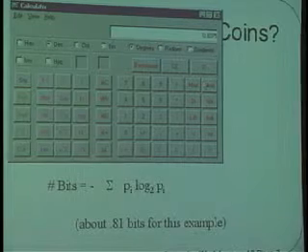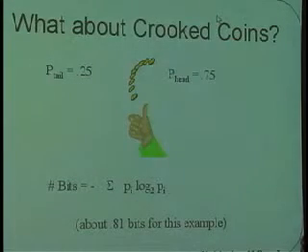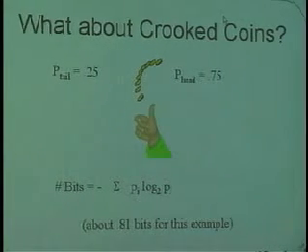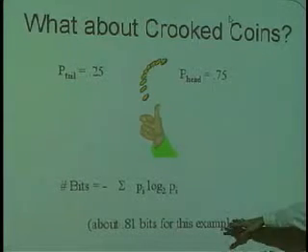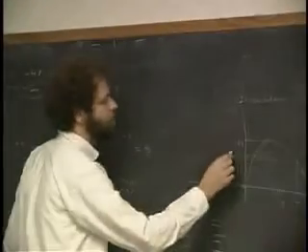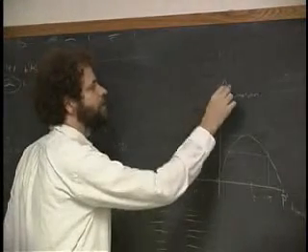All right, now this takes real skill here to operate the mouse upside down. Okay, on average, the number of bits that you'll get from a crooked coin toss is 0.81 if the probabilities are like that. And so what we've seen looking down this curve is that this is 0.81 bits. So this is average information.